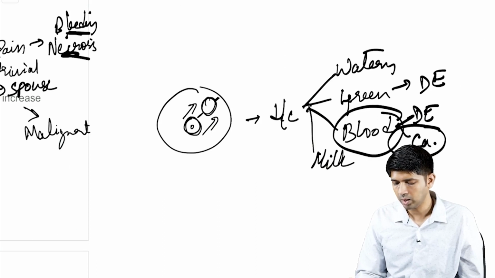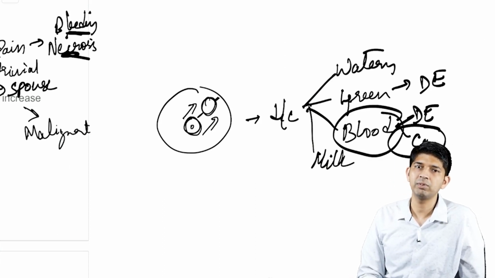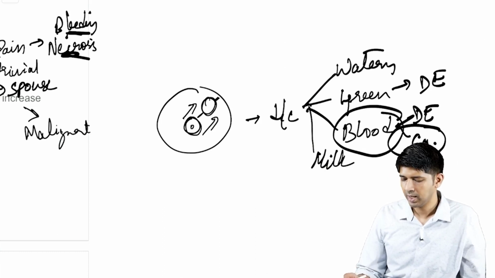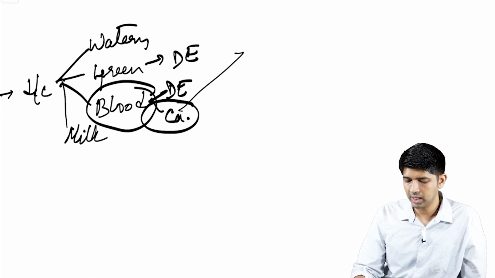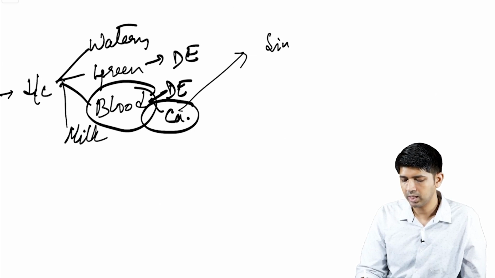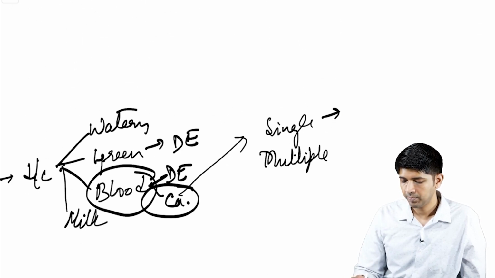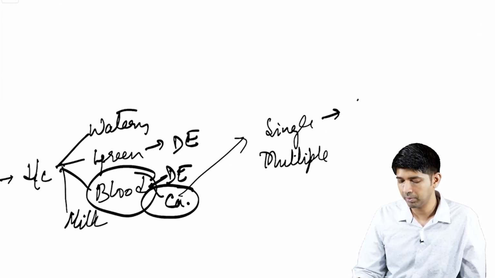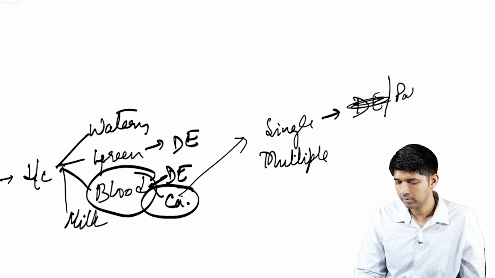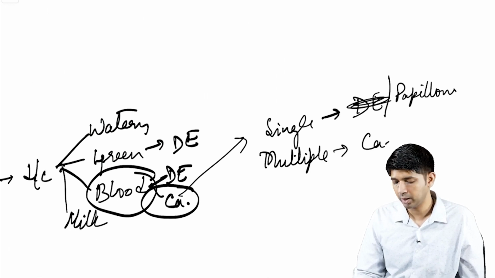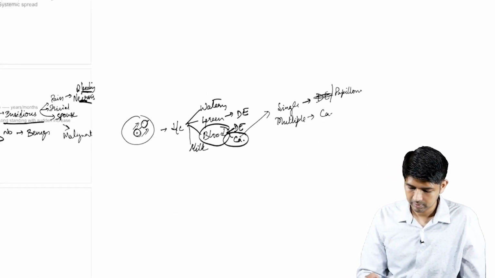So what is important for you in a case of CA breast is only if the patient is having blood stained discharge, and whether this blood stained discharge is from a single duct or multiple ducts. If it is a single duct, it is more likely to be because of ductal ectasia or ductal papilloma. And if it is multiple, it is more likely to be cancer of the breast.